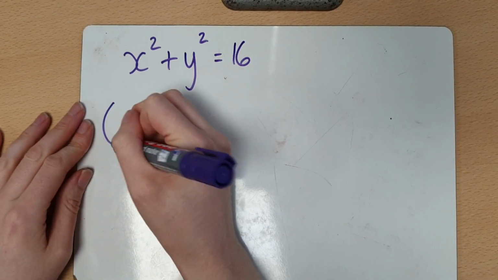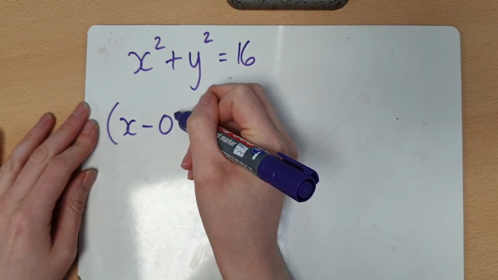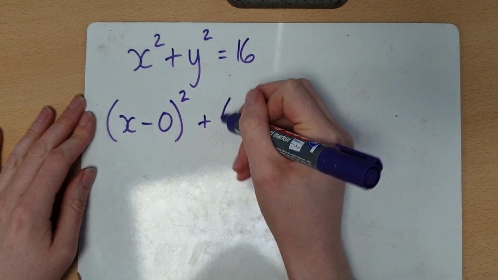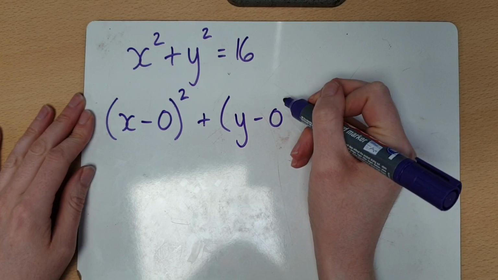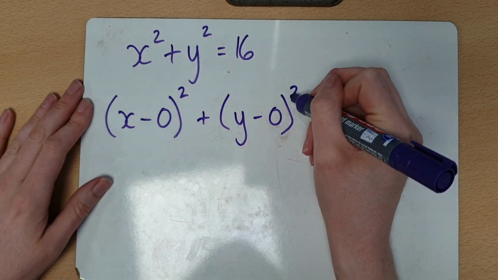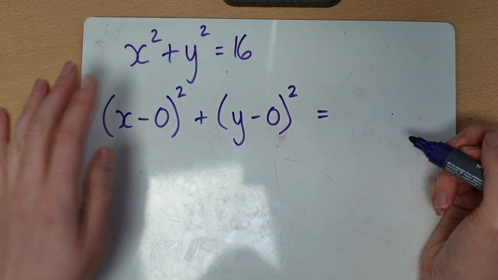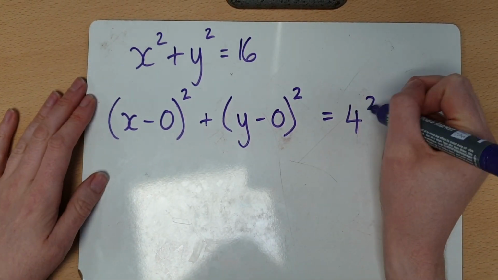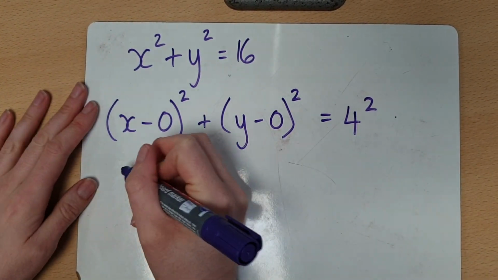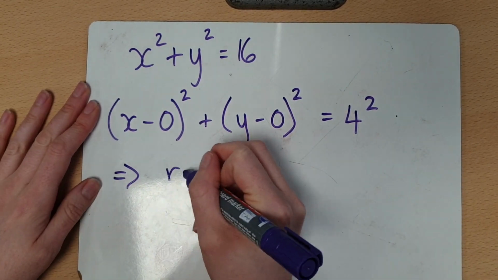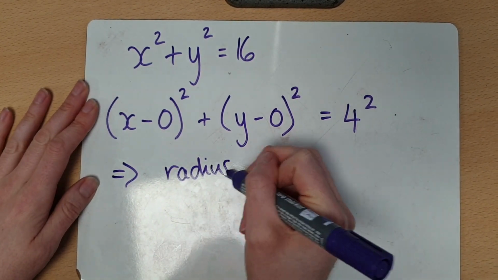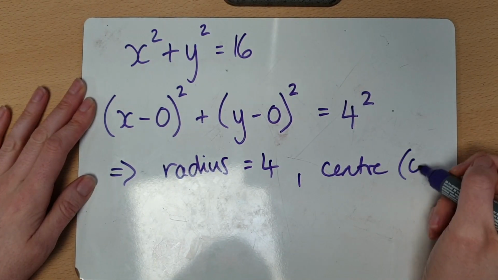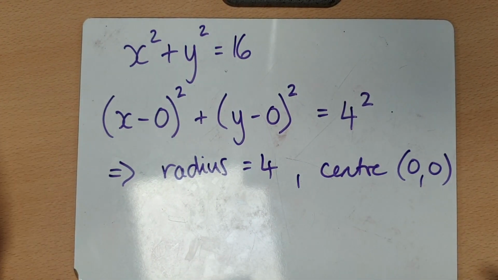This is going to be x minus 0, which is the same as x squared, plus y minus 0, which is the same as y squared, equals the square root of 16, which is 4, so it's 4 squared. And that tells us we've got radius of 4 and centre (0, 0).